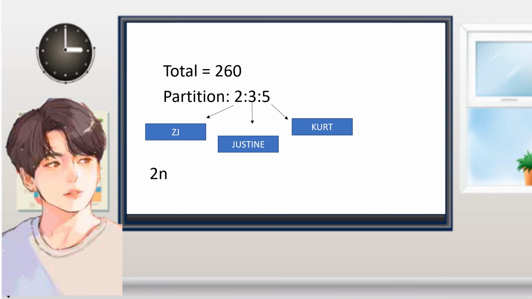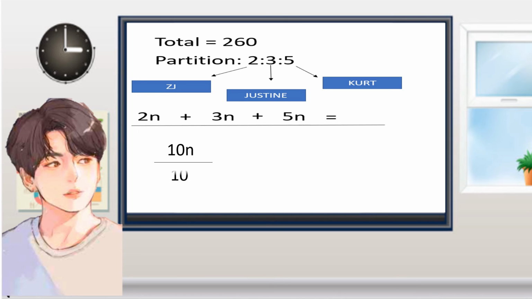2n or 2 times n for CJ, and for Justin we have 3 times n, plus 5 times n for Kurt. So 2 plus 3 plus 5, we get 10n. Over 10 is equal to 260 total over 10. So we just cancel 10. So 260 divided by 10, the answer is n is equal to 26.